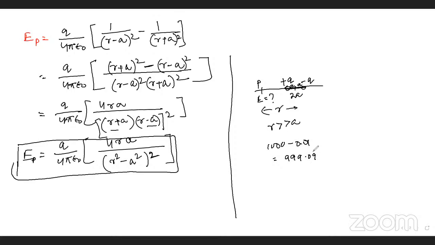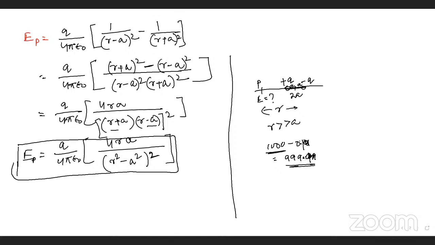Let's say a square is 0.1, and the result is 999.9. Clear? It's very close to 1000 only.